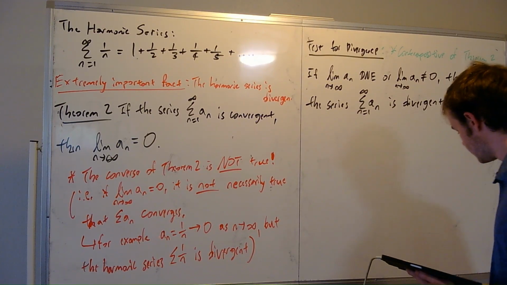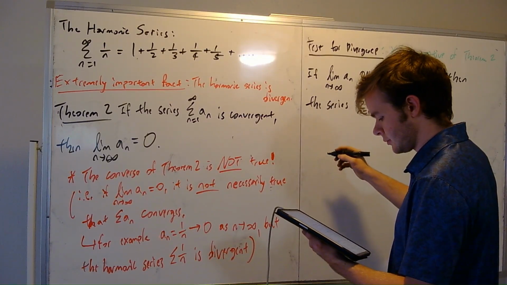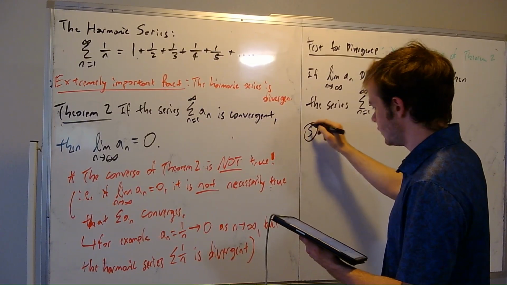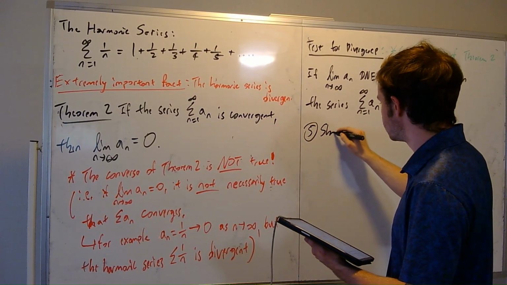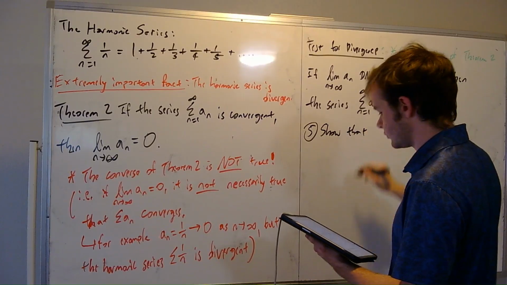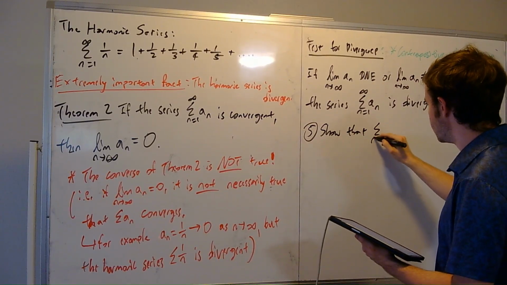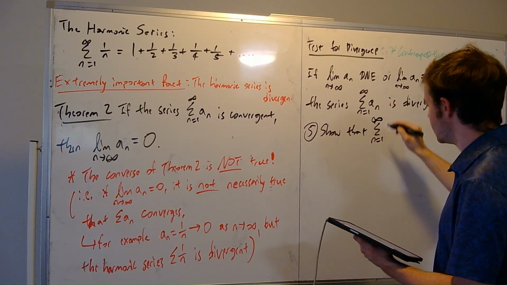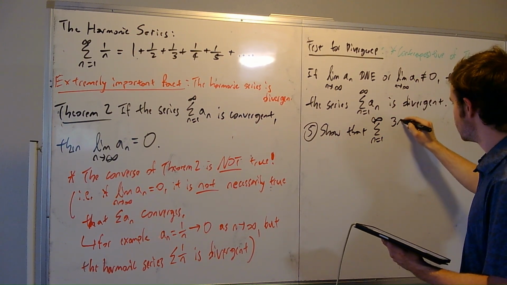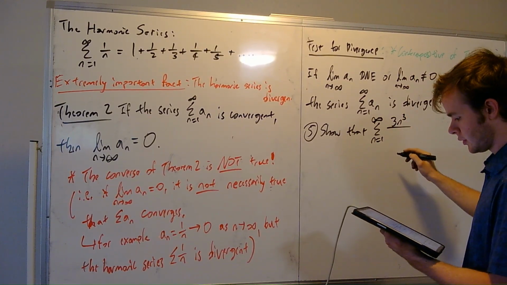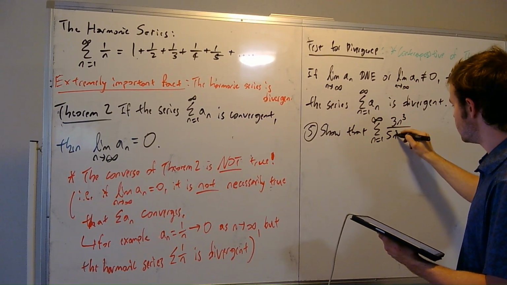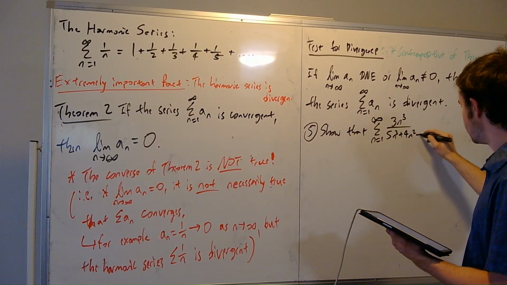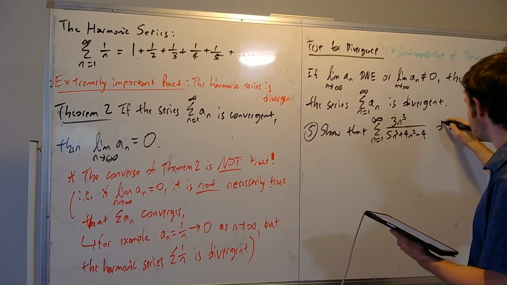Okay, so example number 5 is going to say, show that the sum from n equals 1 to infinity of 3n cubed over 5n cubed plus 4n squared minus 4 diverges.